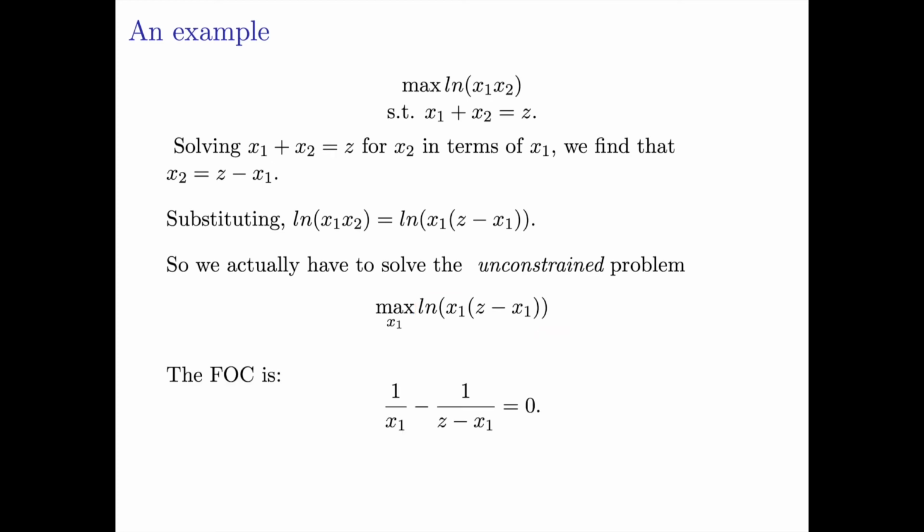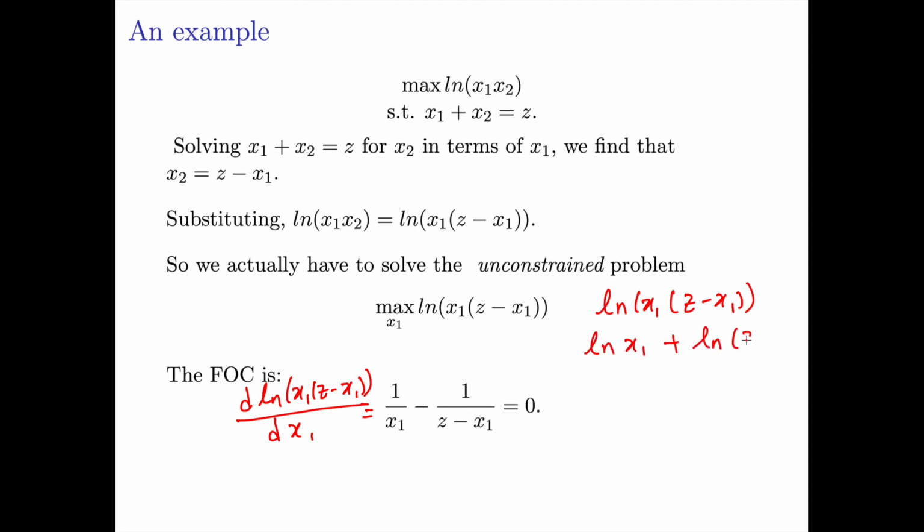So we can write down the first order condition, which is the derivative of log of x1 times (z minus x1) with respect to x1. To do so, let's use a commonly known fact about the log. Log of x1 times (z minus x1) is the same as log of x1 plus log of (z minus x1). Now we can use the addition rule.